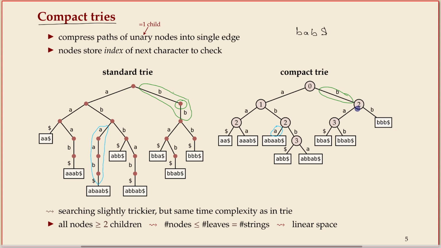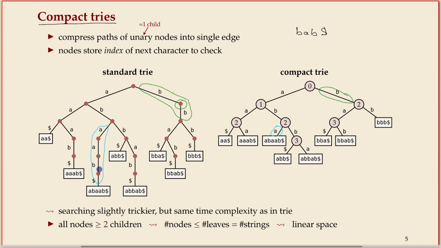And second problem, I need to know which character I'm comparing. So that's why in the compact trie, the internal nodes have these numbers, which tell you what is the index in the query string you're looking at. We didn't need that here because we always went down one edge, and we knew we always go to the next index, always +1. But here, because we have these contracted edges, we might jump over some characters. So that's the two caveats that we need to take into account in compact tries. Because we're contracting edges, we need to remember which index we are comparing next. And we need to keep in mind that we're throwing away some information on the edges if we're doing it like this.